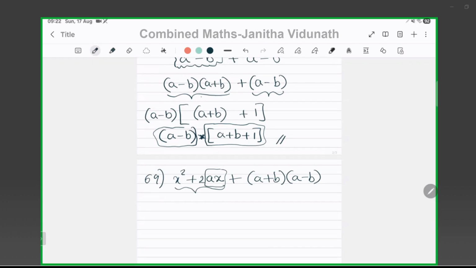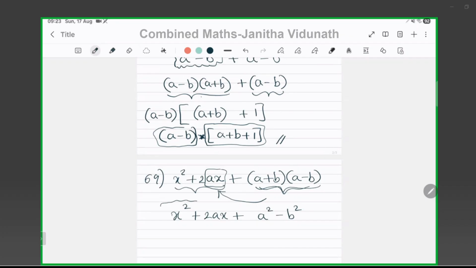Then we need to simplify this to get back the a term for this group, because x and a are in one group. So we need to get all the terms with a letter for this group. Then we have x square plus 2ax, and if we simplify the other part, we get a square minus b square.